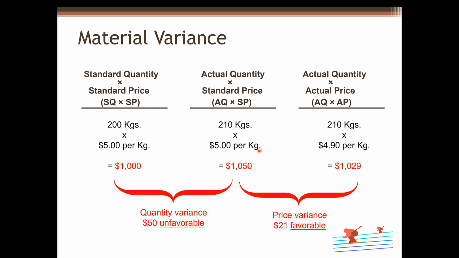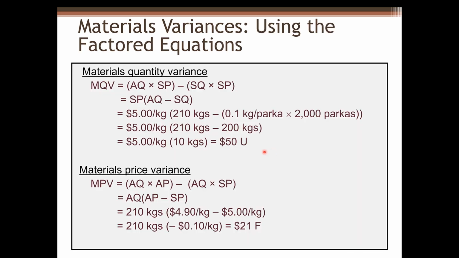Keep in mind, when we determine the variance, quantity variance or price variance, we always indicate whether the amount is favorable or unfavorable. To calculate the materials quantity variance or price variance, we can also follow the equations. That's very straightforward.